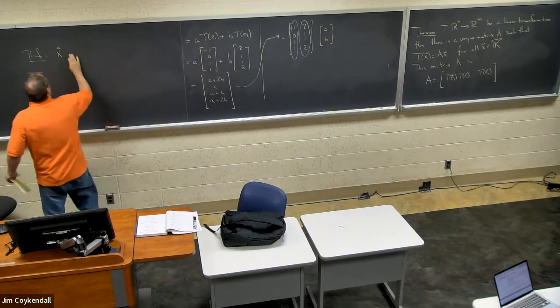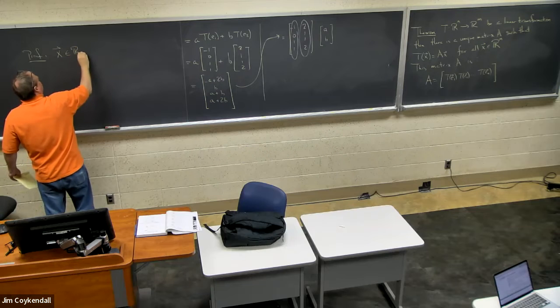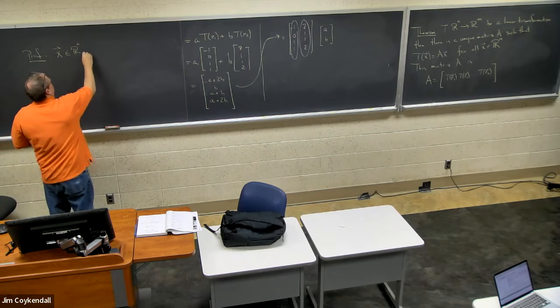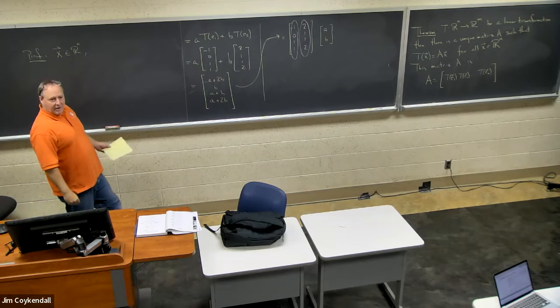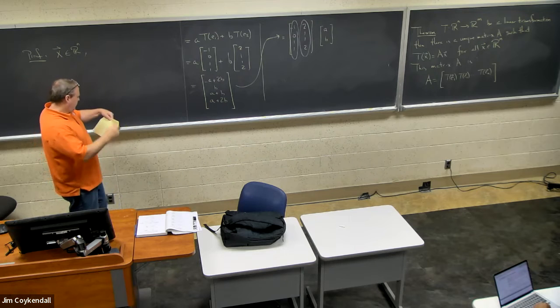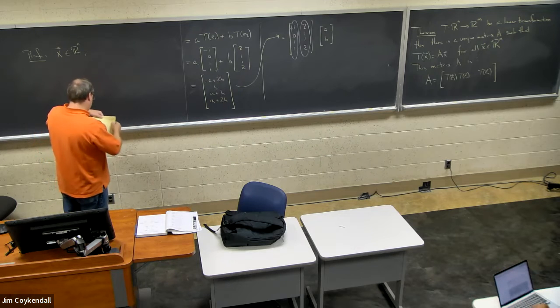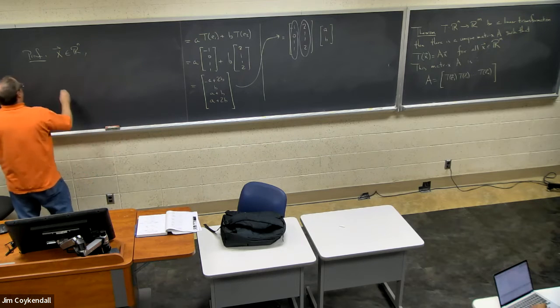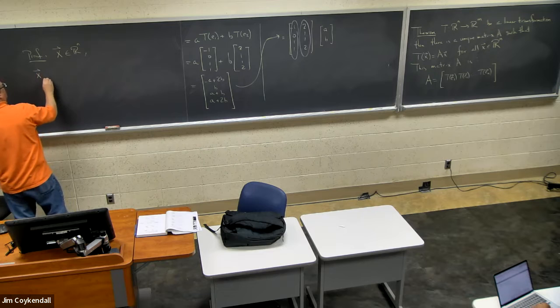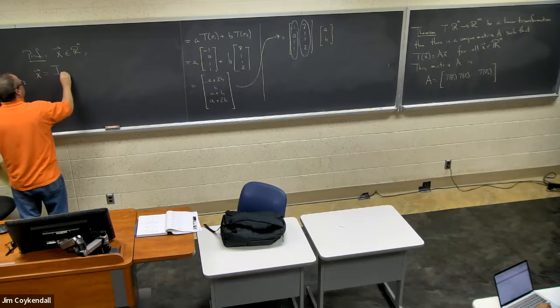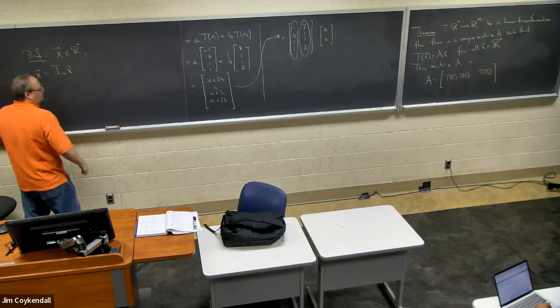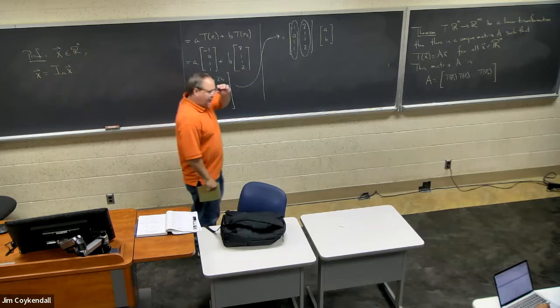Let's start with X, any vector you want in Rn, any vector. Like in the previous example, my vector A, B in R2. Take this vector. Okay, that's a silly observation.